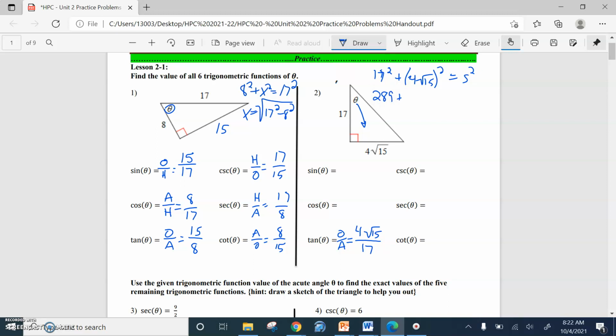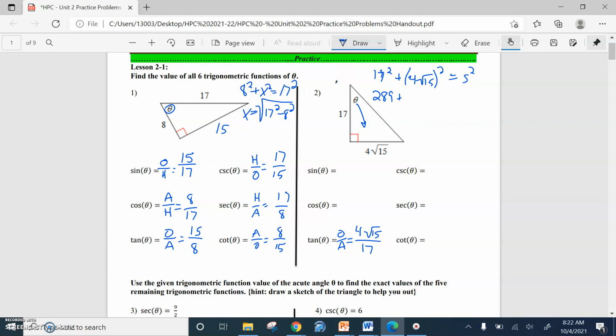Now, 4 times the square root of 15 as a quantity squared, what that really is, the rules say that when I have a number like 4 times a number like square root 15, and I'm trying to take that number squared, 4 square root 15 squared, I can break that squared component up and take it to each component. So I can take 4 squared and square root of 15 squared, and then multiply them together.